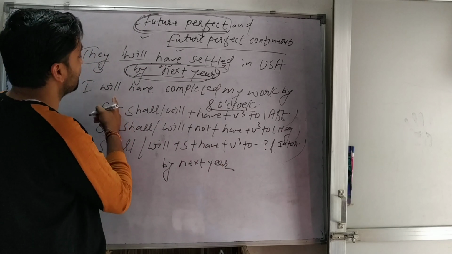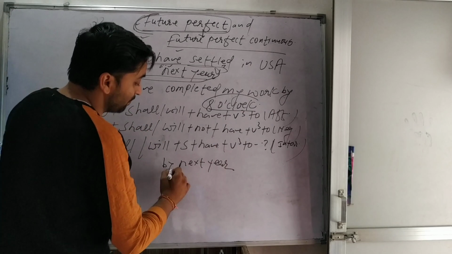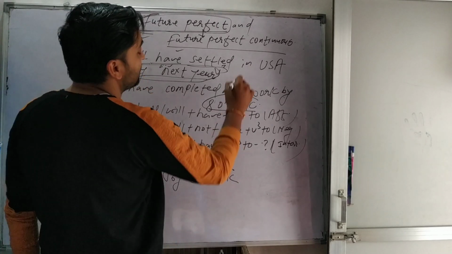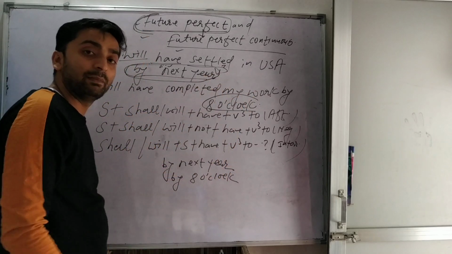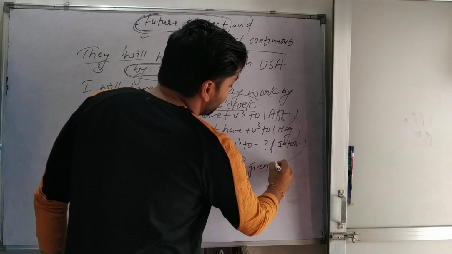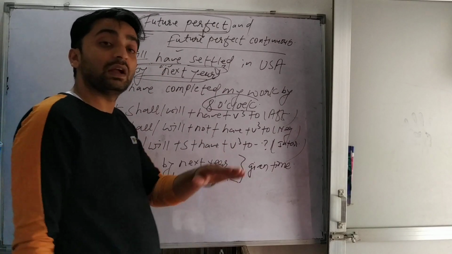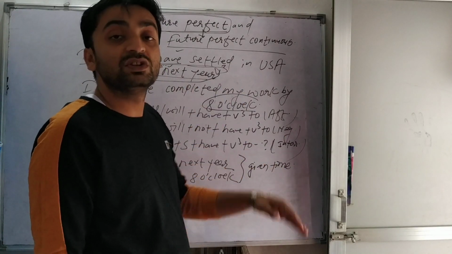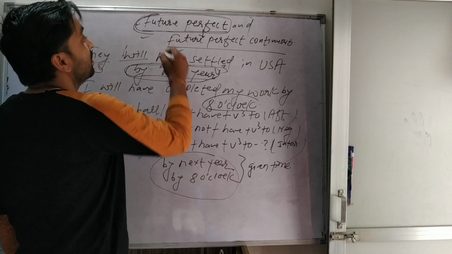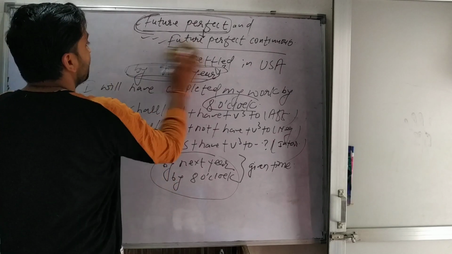Or in the second example, I will have completed my work by 8 o'clock. By next year, by 8 o'clock, these are actually the given time. So for an action which will have been completed before the given time in future, future perfect tense is used. So you can write like this.